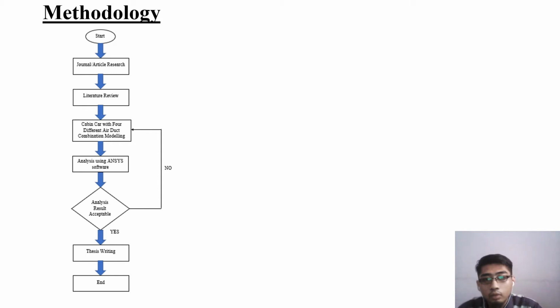There are 2 flows, yes or no. If yes, it goes directly to thesis writing and end. If the result is not acceptable, it must go back to the stage of modeling the cabin car with 4 different air duct combinations and do the analysis using ANSYS software again.